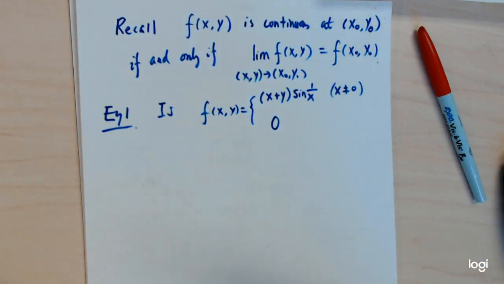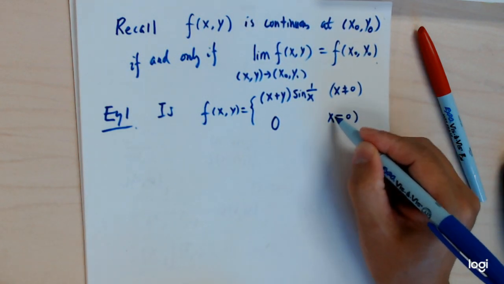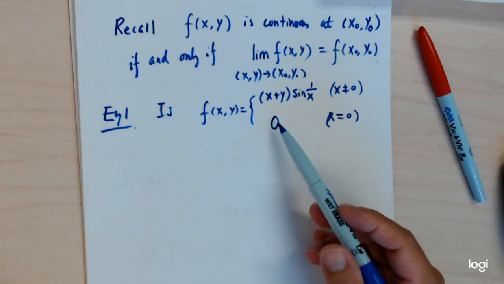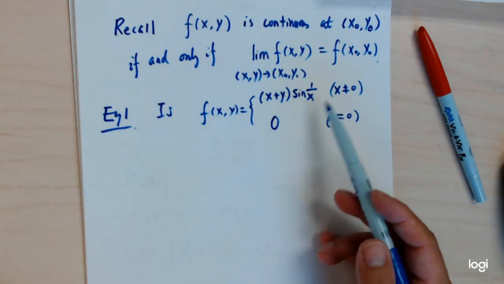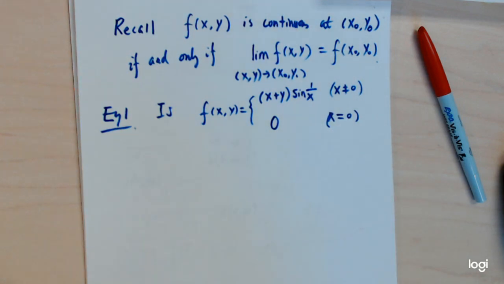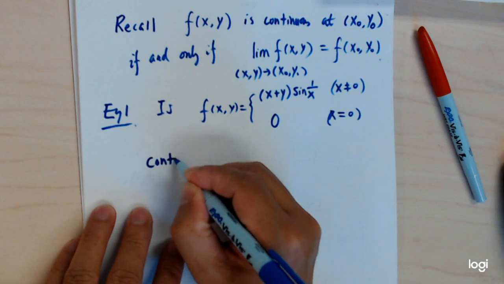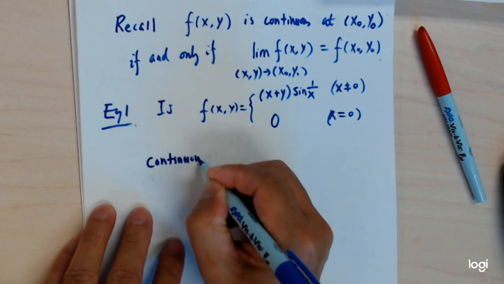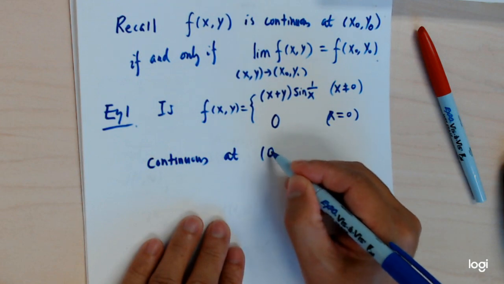And the function is defined to be always 0 when x is 0. So that is along the y-axis. Whenever x value is 0, the function's value is always 0. If x is not 0, it's defined by this. The question is, is this function continuous at the origin?